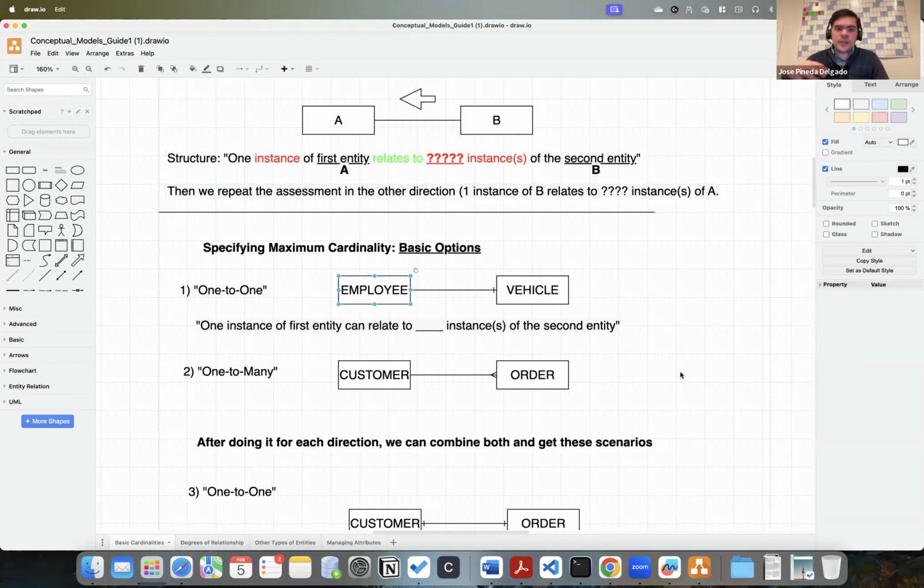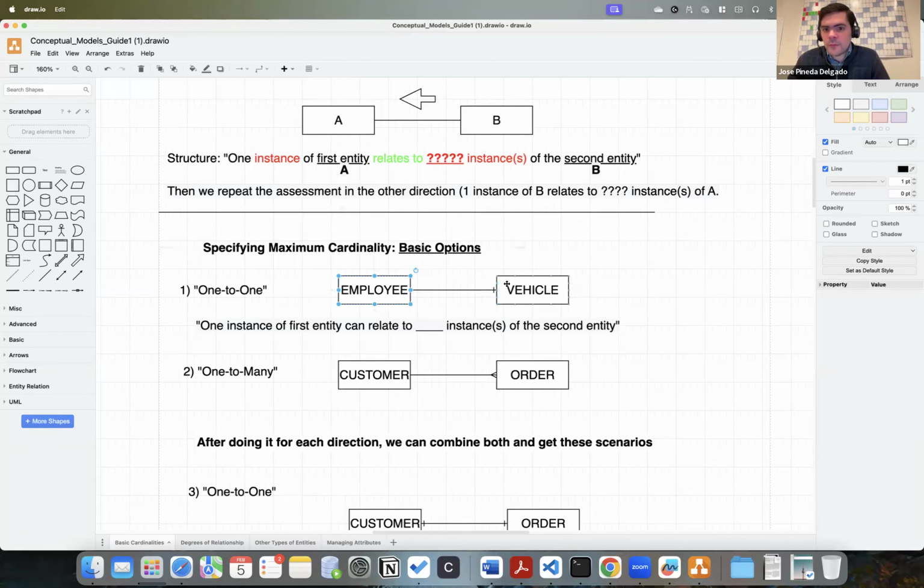One-to-one were those relationships where one instance of the first entity can relate to one and only one instance of the second entity. So for example, if we are dealing with students on campus, you might only be able to enroll one vehicle in your parking permit. Perhaps, just a hypothetical scenario. If that is the case, then the relationship is one-to-one.